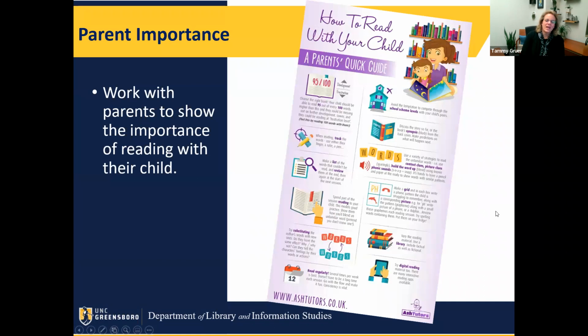All right. Another thing that we need to think about when making our libraries more independent for our students to use and our children to use when they come there is about the parents and educating parents about how best to support their students and children as they're learning to read. Think about the infographics that are already put together. You don't have to reinvent the wheel. Find some really great resources.